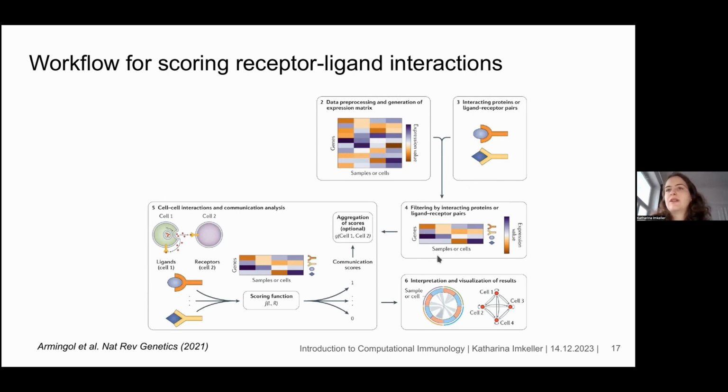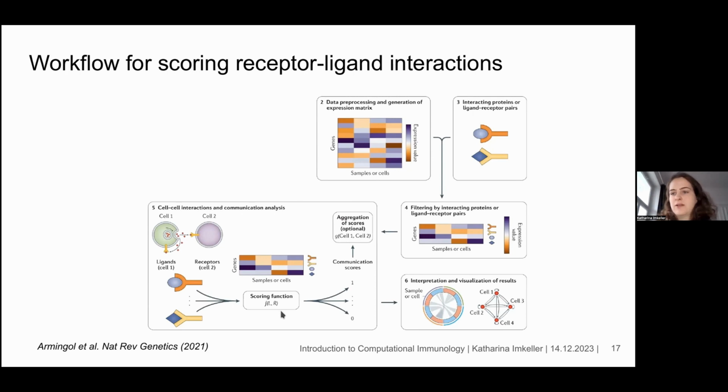The next step is to filter your expression matrix only on the ligands and receptors of interest that are part of your database, and then use this filtered expression matrix in a statistical framework where you perform the scoring of the ligand-receptor interactions. The scoring is done using a scoring function.